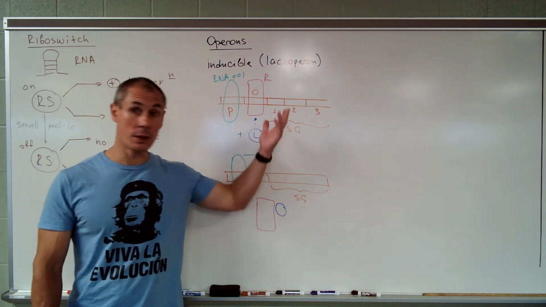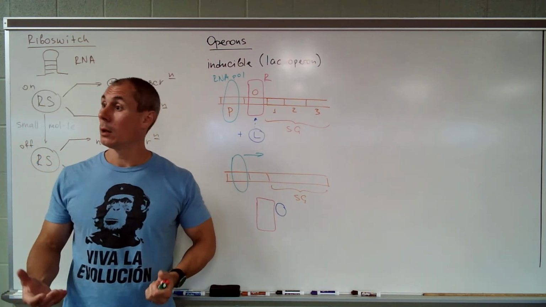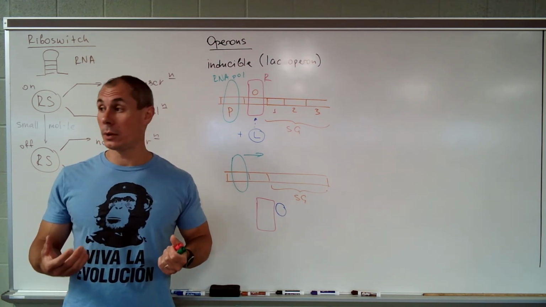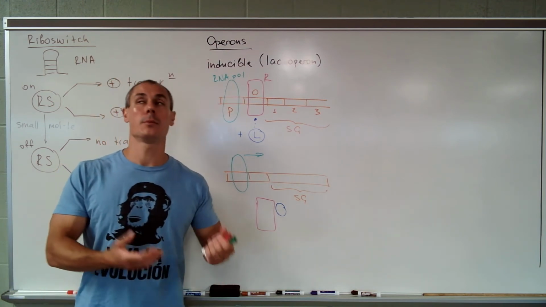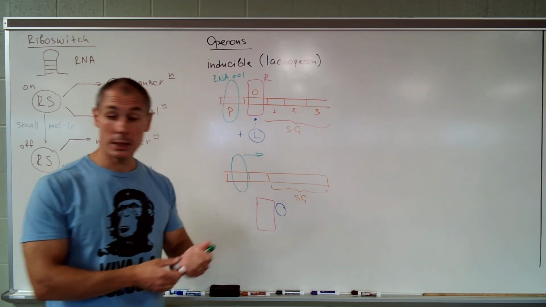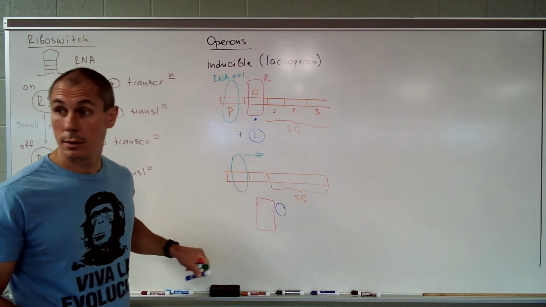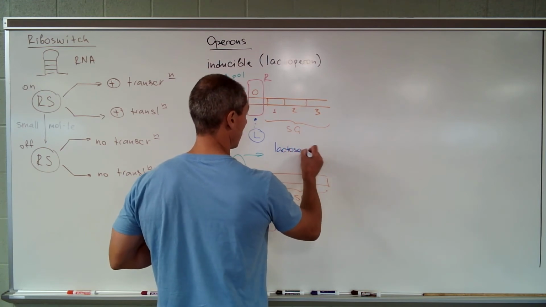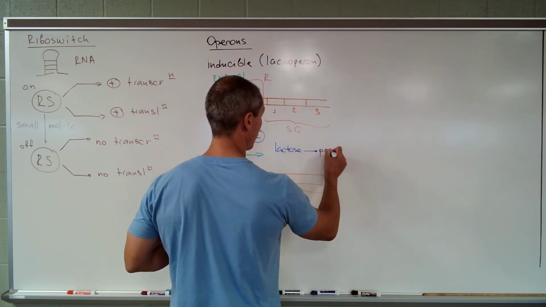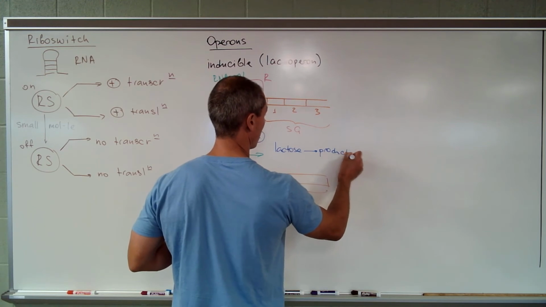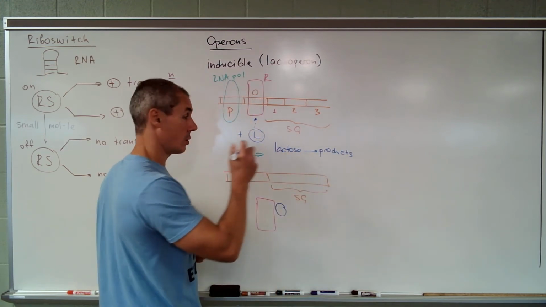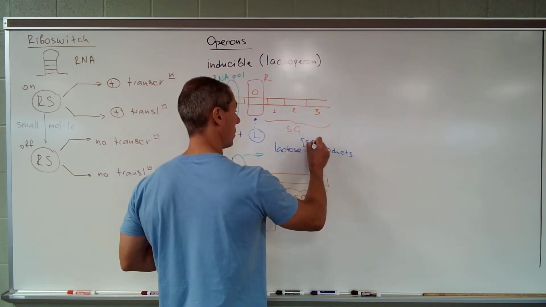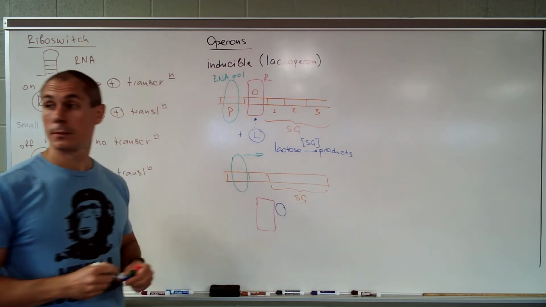The enzymes that they encode are produced. And what do these enzymes do? They break down lactose, right? So you have lactose that is broken down to some kind of products, whatever they are, by the enzymes encoded in the structural genes.